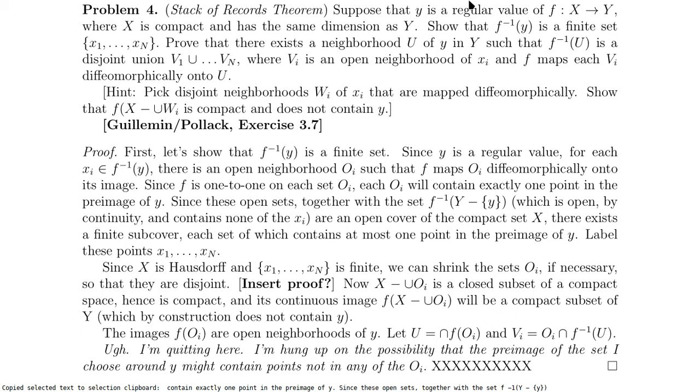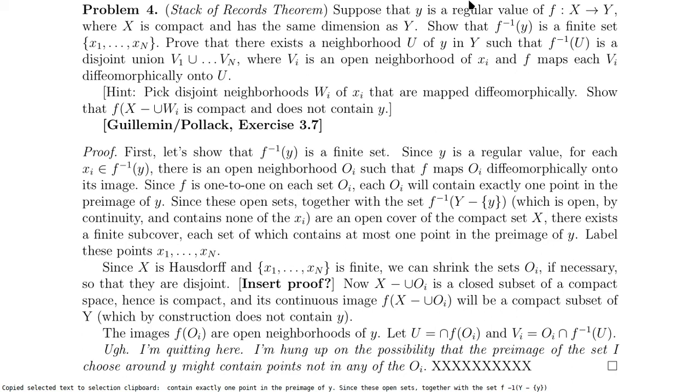Okay, let's just see. If we have x prime in capital X minus the union of O_i, we know that is a closed subset of a compact space, and so it is compact.